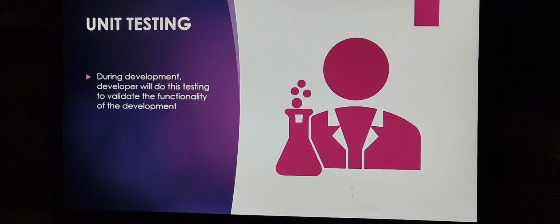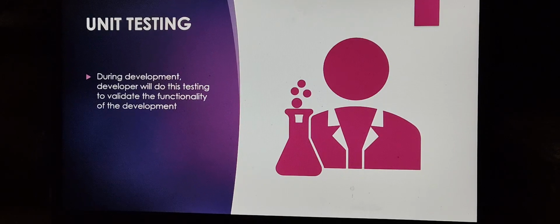First one is unit testing. During development, the developer will be doing this testing to validate the functionality of the development he made. Basically, at the initial stage, developers or functional consultants will be doing some basic configuration or development that is required for the business process.